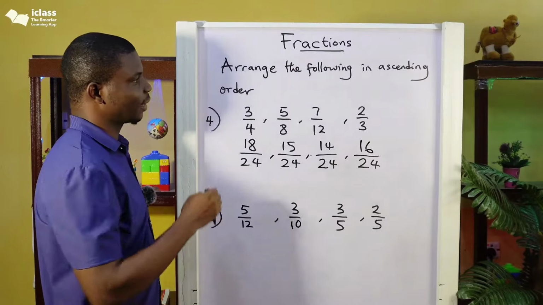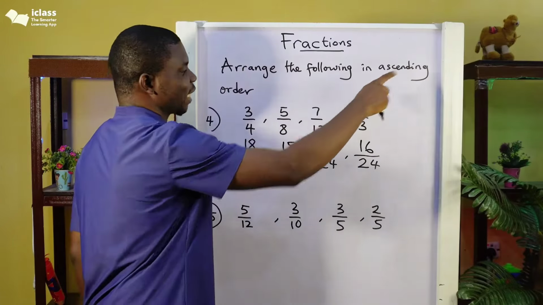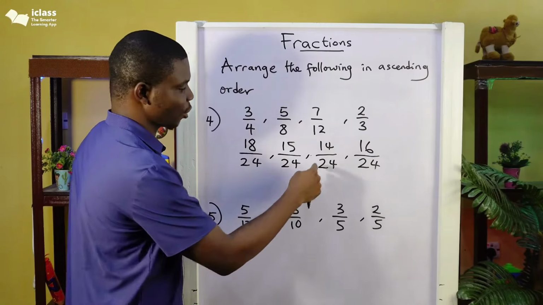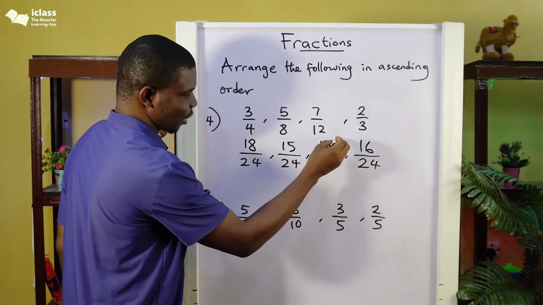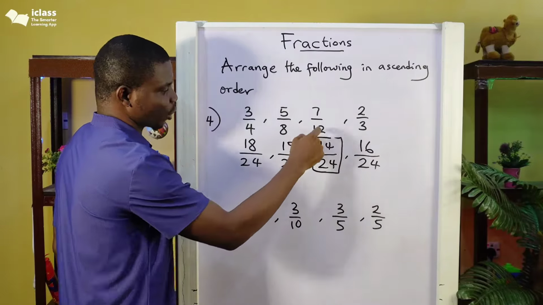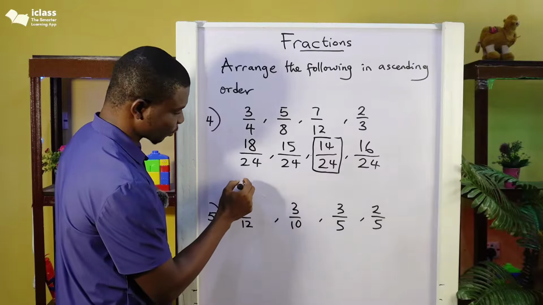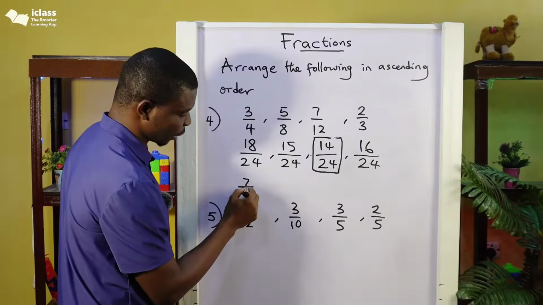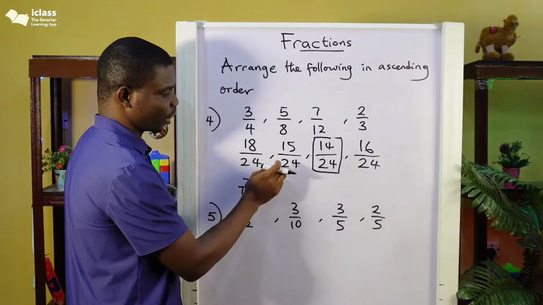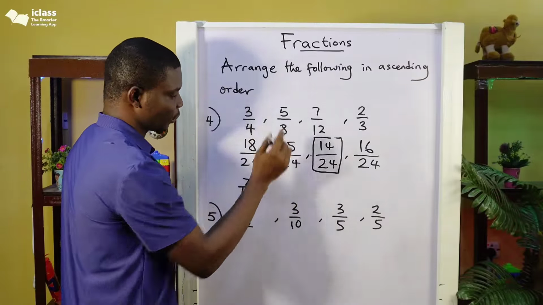So which one? We are arranging in ascending order. So we start from the smallest to the biggest. So which one is the smallest? This one, right? So it means 7 over 12 will come first. If we are rearranging this, 7 over 12 will be first, followed by which one? 15 over 24, which is 5 over 8.